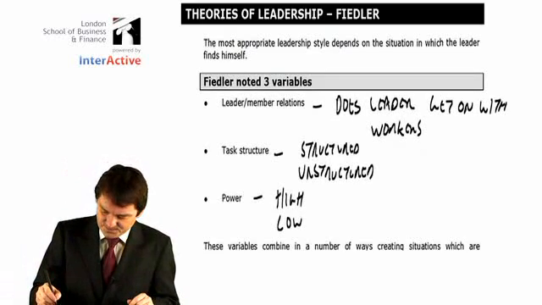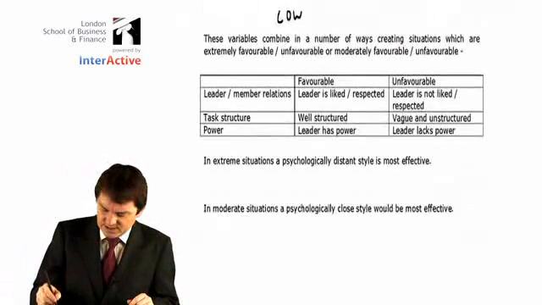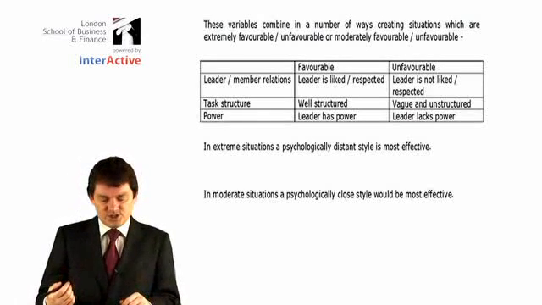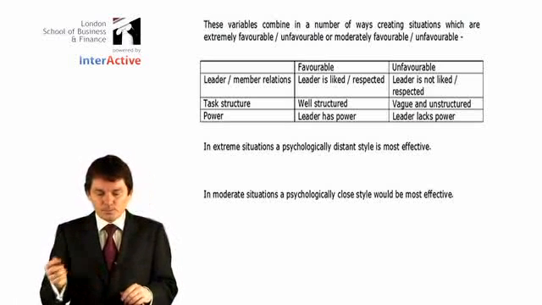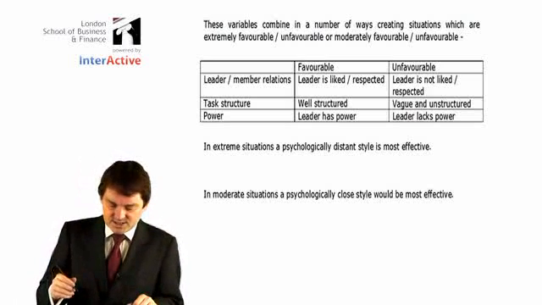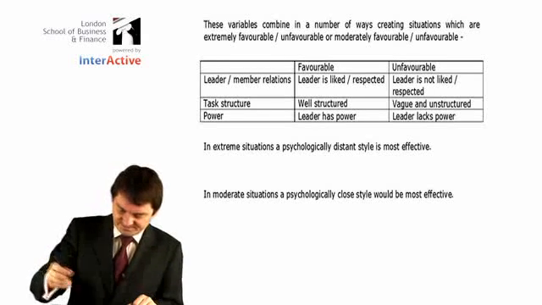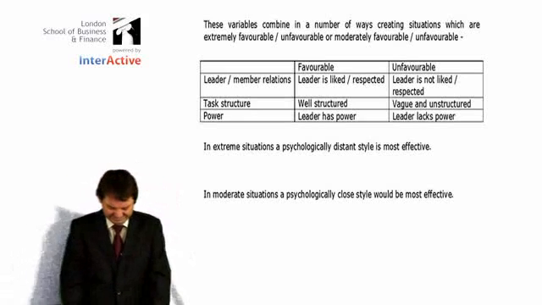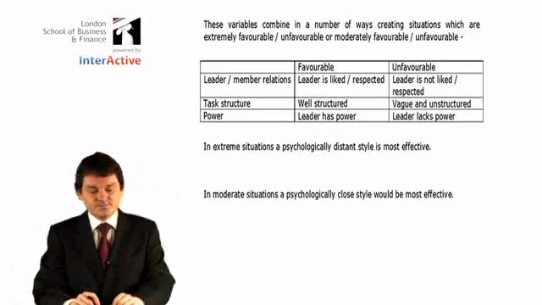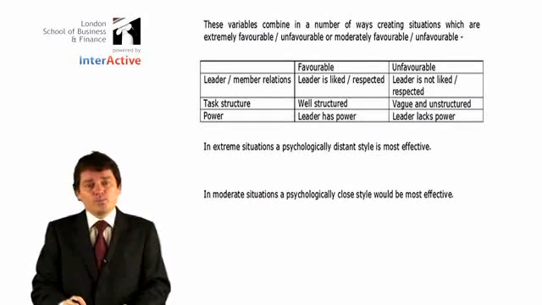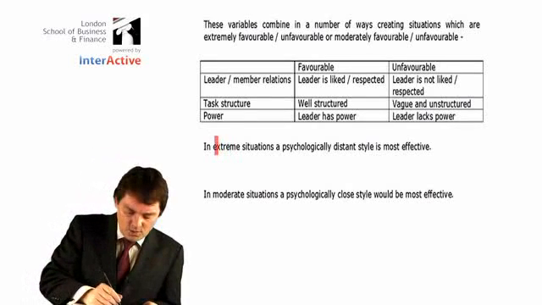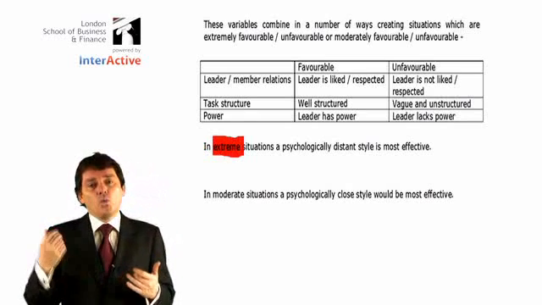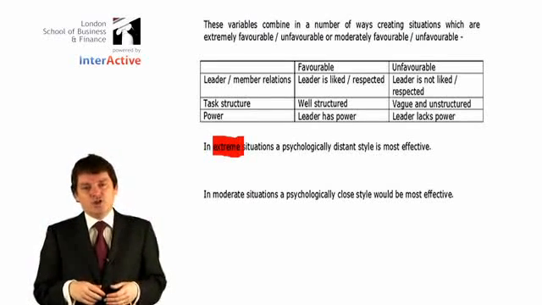So what Fiedler says is, have a look and see what the situation is. For example, what Fiedler says, if you have got an extreme situation, for example, the workers don't particularly like or respect you.